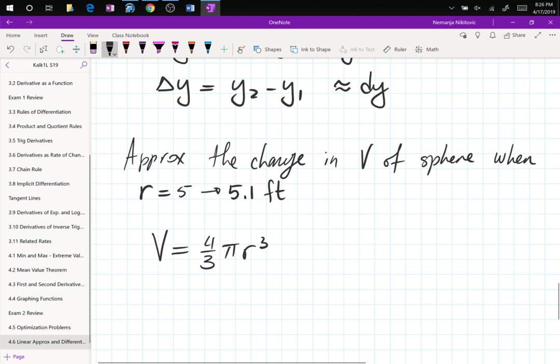So this is where differentials kick in. dV is equal to 4 pi r squared dr. So if your input value is x, then you have dx. If your input value is r, then you have dr. So instead of using y and x, now we're using V and r. It's the same thing.